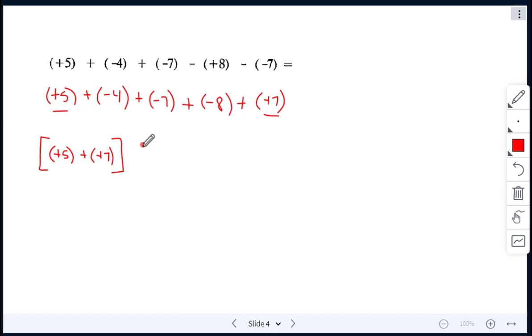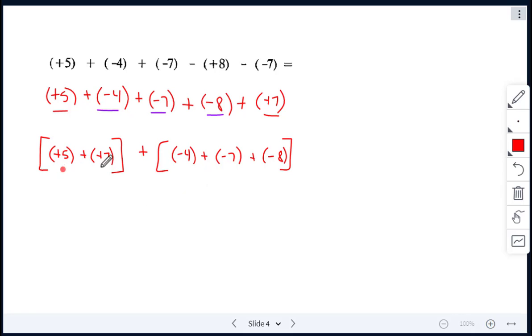And then all our negative integers, I'll just underline them here: negative 4, negative 7, and negative 8. So we have plus negative 4 plus negative 7 and plus negative 8. So all I've done is collect my positive integers and collect all my negative integers.